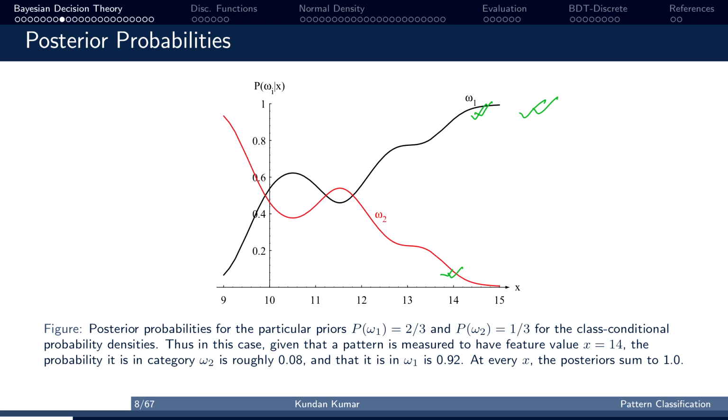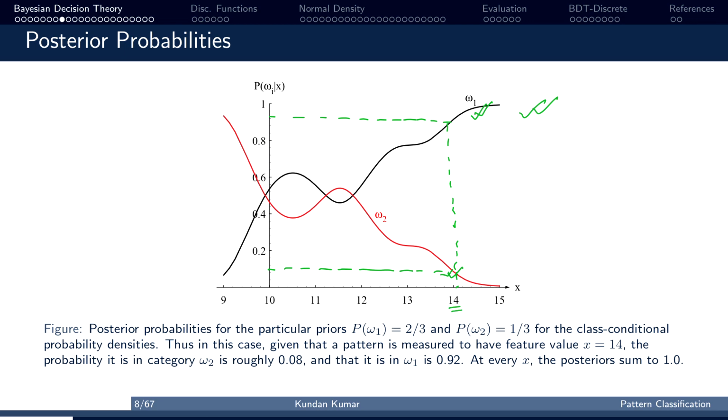So if you consider one example in this plot, suppose a pattern is measured to have feature value x equal to 14. So suppose we have lightness feature value 14, then we can compute the posterior value at this feature value.